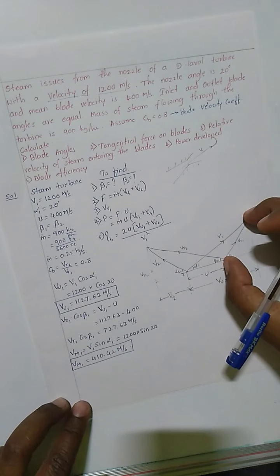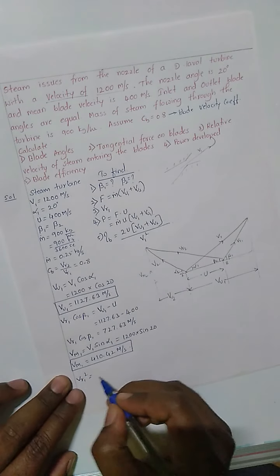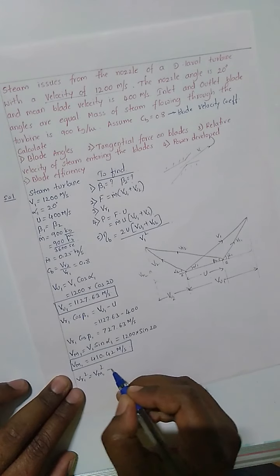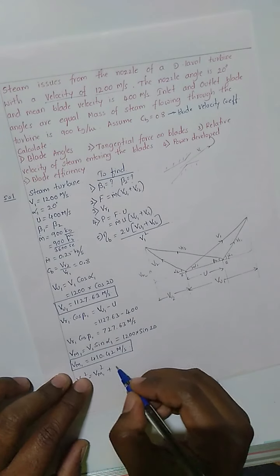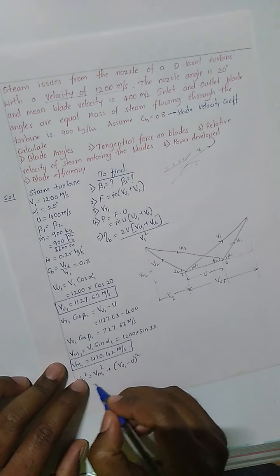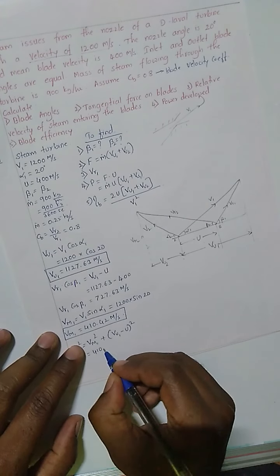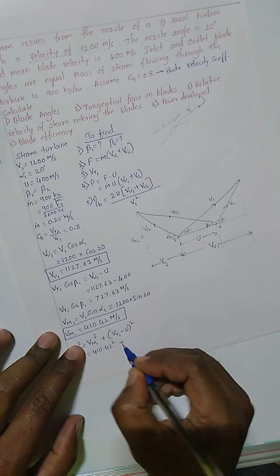We can find VR1. VR1 square is equal to VM1 square plus (VU1 minus U) whole square. VM1 square is 410.42 square.